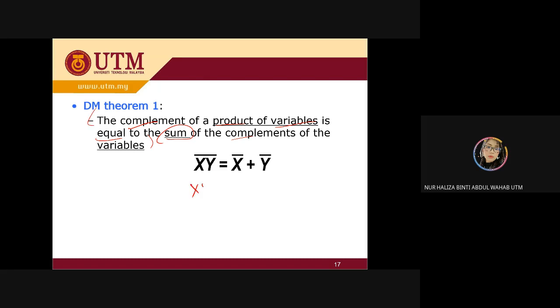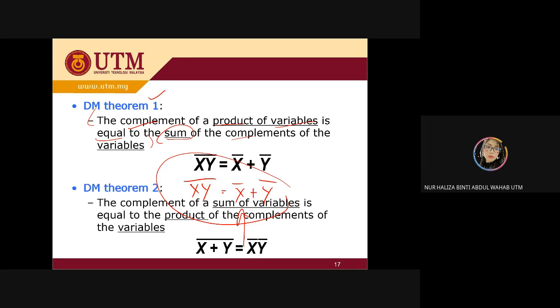And the representation will be (xy) bar equal to x bar plus y bar, and we already looked into proving this theorem. Then we dah proof kan pun. And our theorem 2 also we already looked into and we already proved.